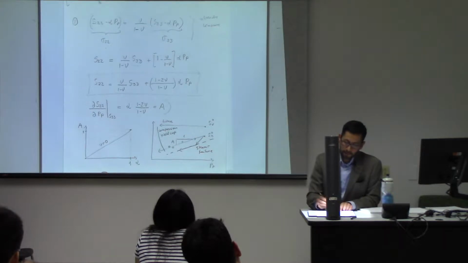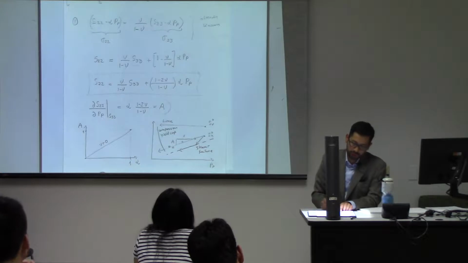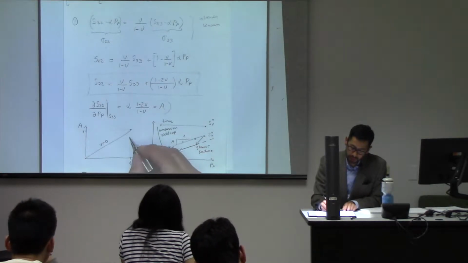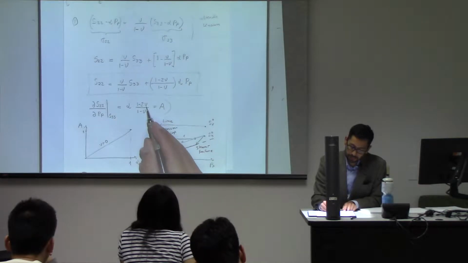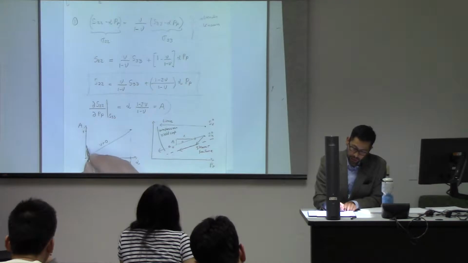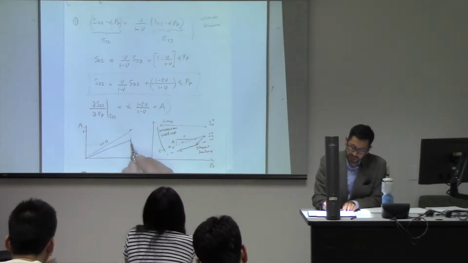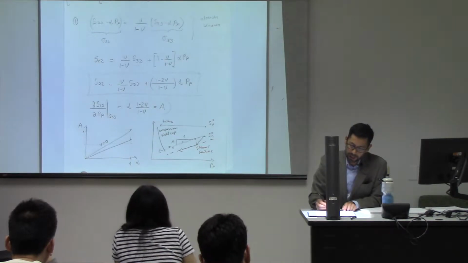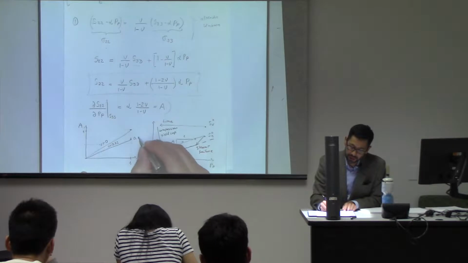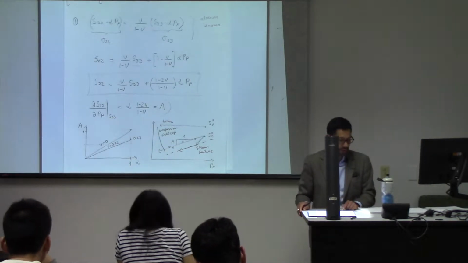So let's see some more realistic cases of the Poisson ratio. If we get a Poisson ratio of about 0.25, which is a realistic Poisson ratio, let's say this is 0.5, you will see that the coefficient A for alpha equal to 1, I have already made these numbers, is going to be about 2/3.